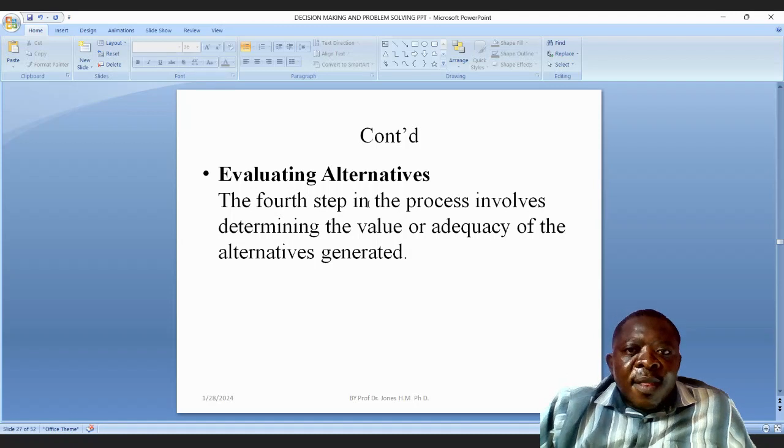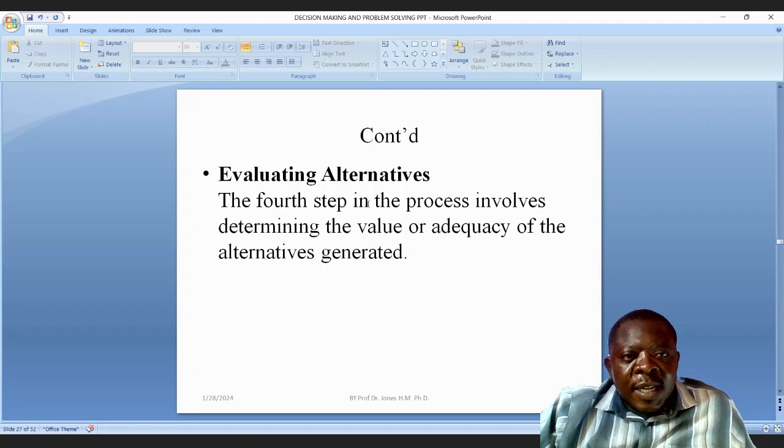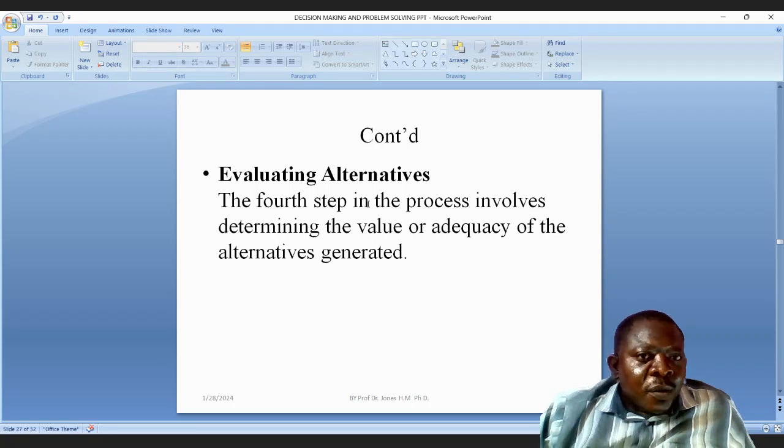This process involves determining the value or the adequacy of the alternatives that you have generated. Once you have gathered the alternatives, you need to evaluate them.